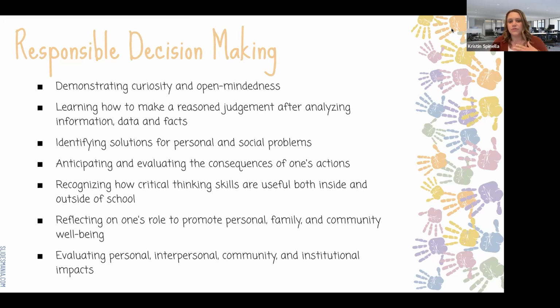And this could be both in the physical environment and the digital world, but we need to teach them ways that we can respectfully solve problems that are occurring so that everyone feels safe and everyone feels included. We also want them to be able to anticipate and evaluate the consequences of one's actions. So I always tell everyone, you have a choice in your actions. What you don't have a choice in is the consequence of that action.